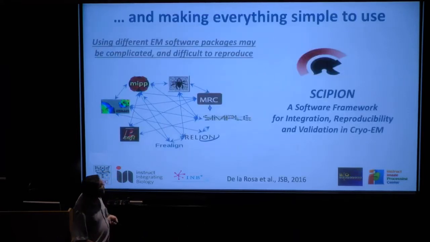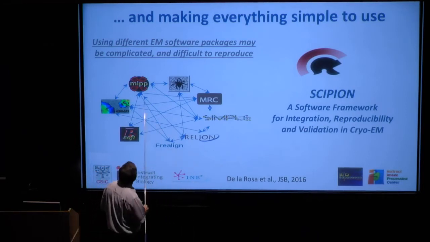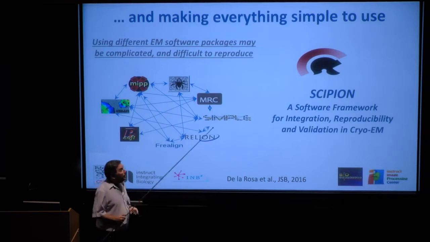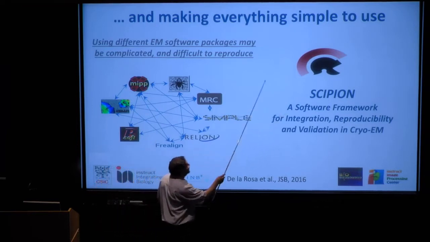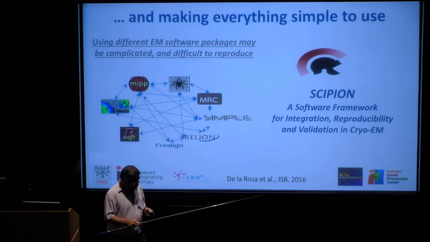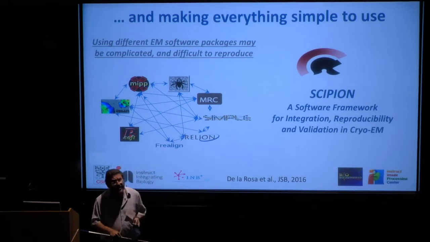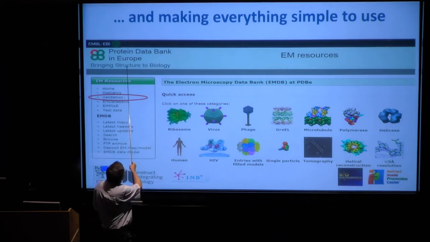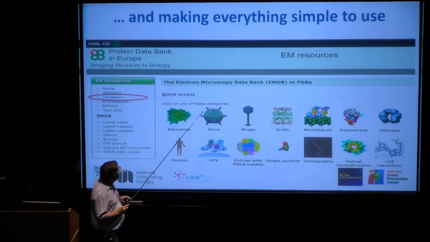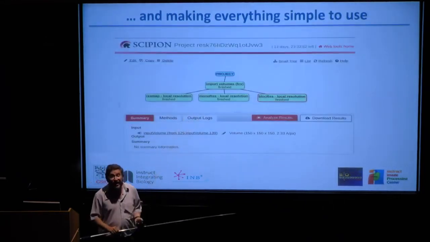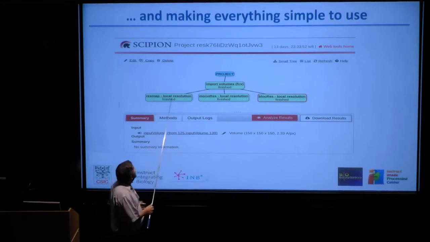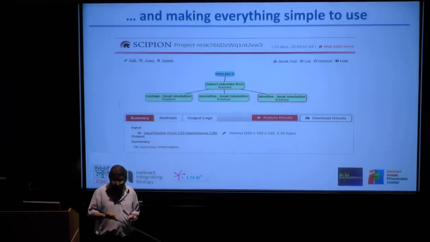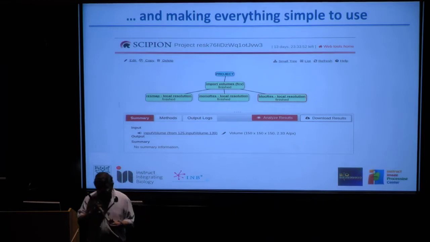And we try to make everything simple to use. Our traditional software is Xmipp, within a framework that is very easy to use. So easy that even certain functionalities can be used over the web. If you go to the EMDB in Europe, to the validation tools, you get to a page where you can calculate the local resolution in whatever way you want.